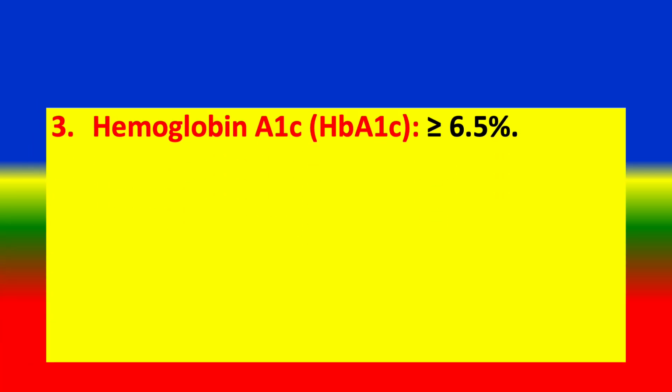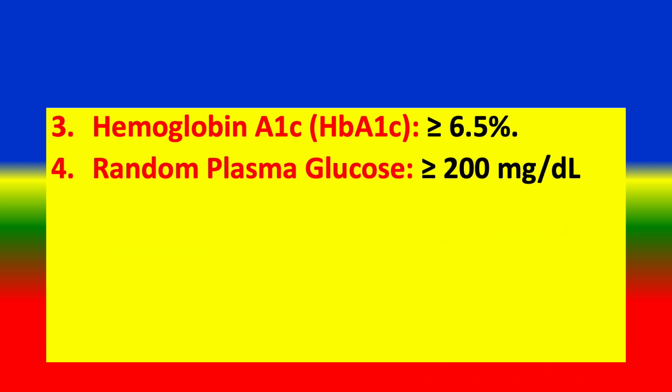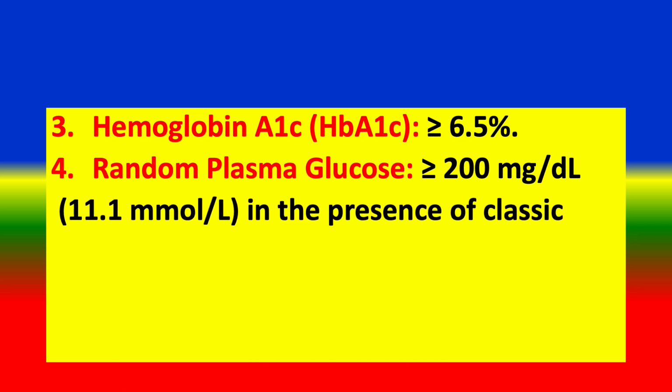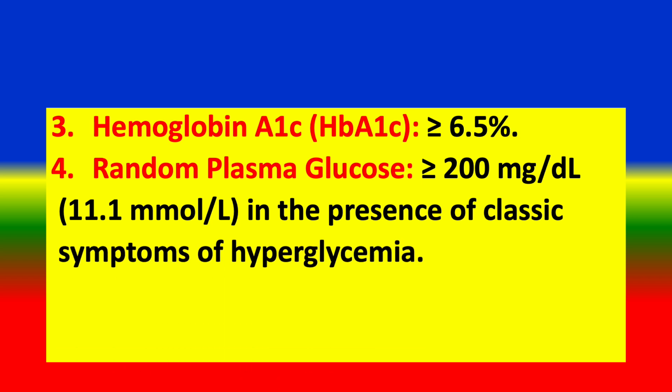Hemoglobin A1C, HbA1c, more than 6.5 percent. 4. Random plasma glucose more than 200 mg per dL, in the presence of classic symptoms of hyperglycemia.